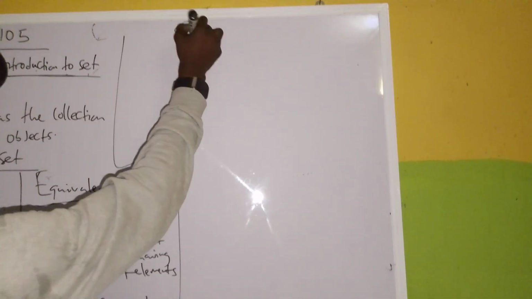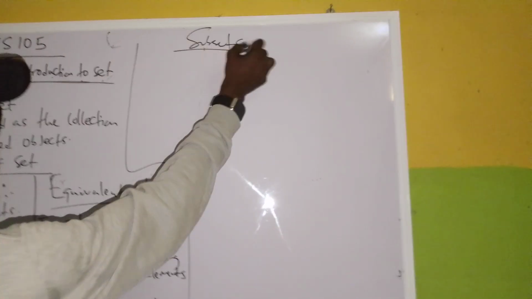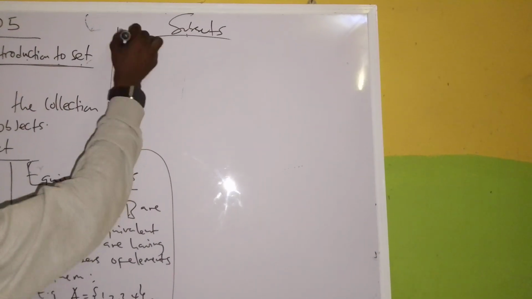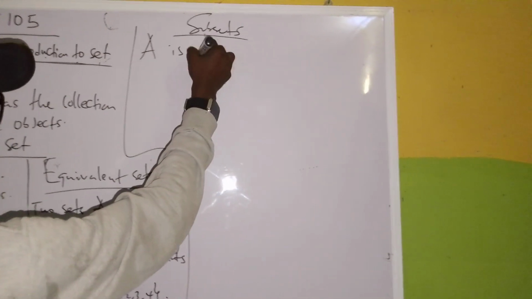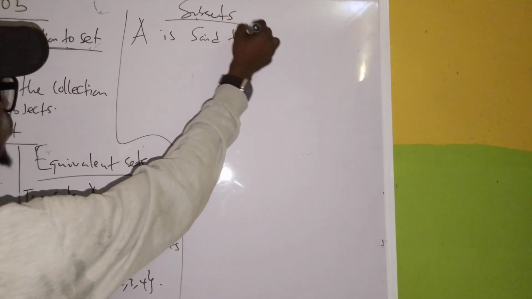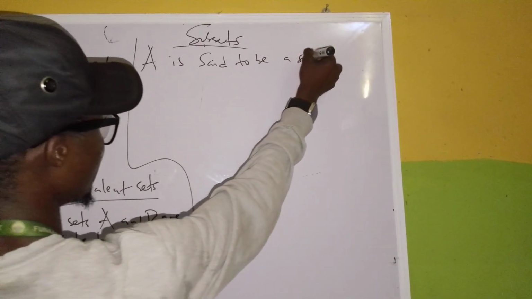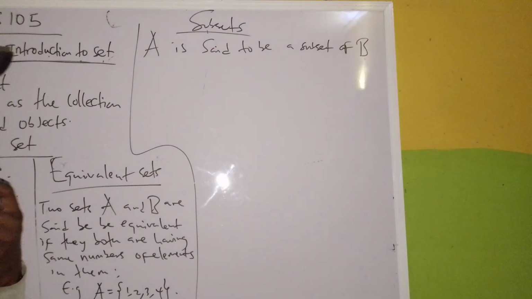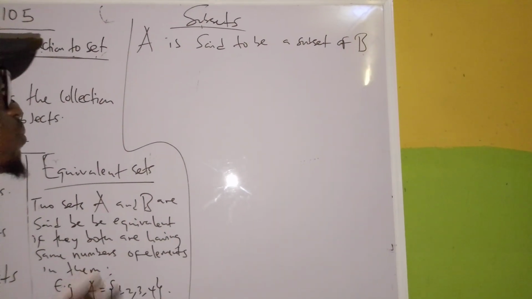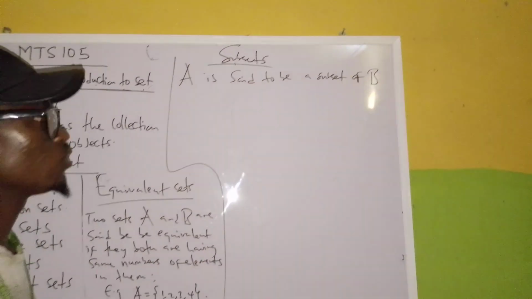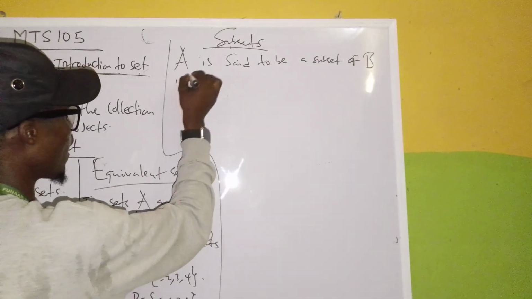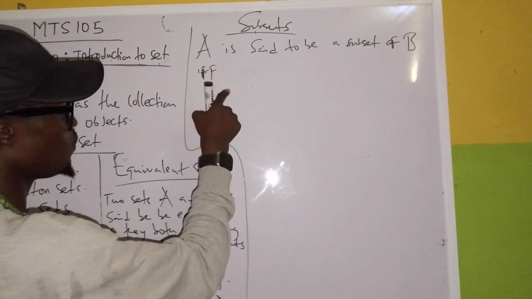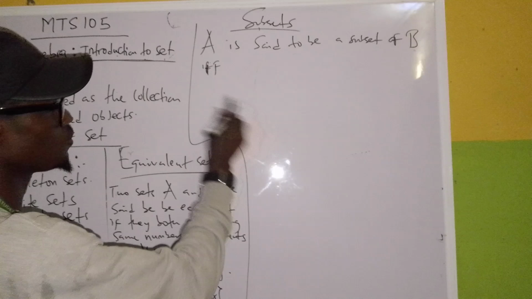Now, subset. Let me say A is said to be a subset of B. I'm just trying to use all these figures so you can understand. On your own side, you can say P is said to be a subset of Q, if and only if. IFF means if and only if, it's just an abbreviation.